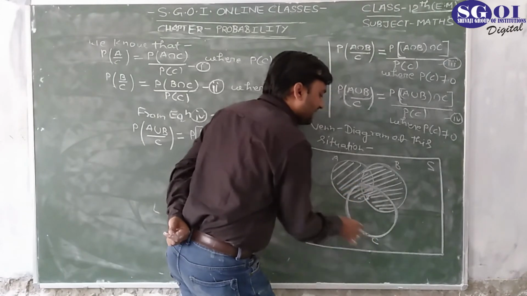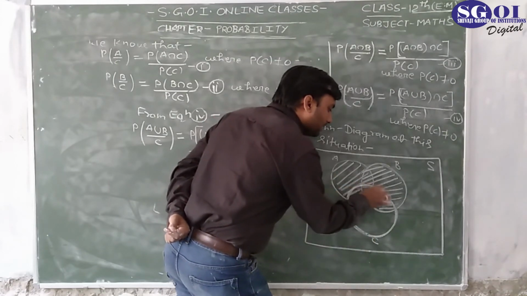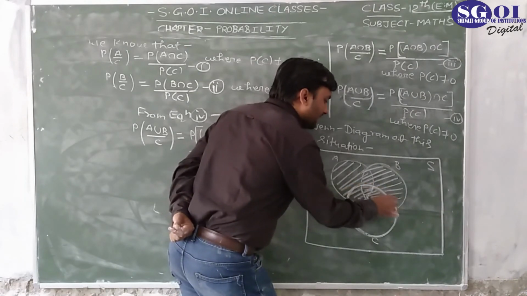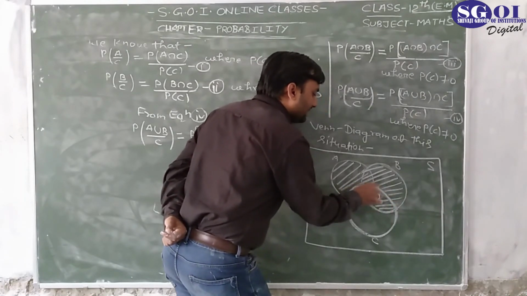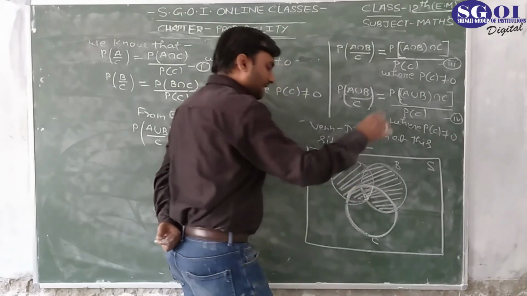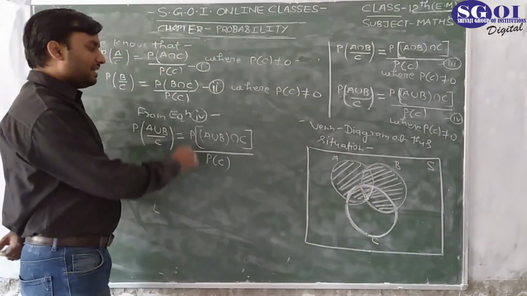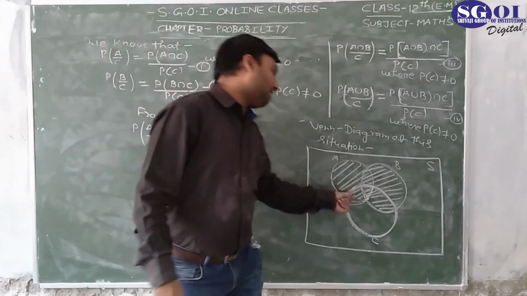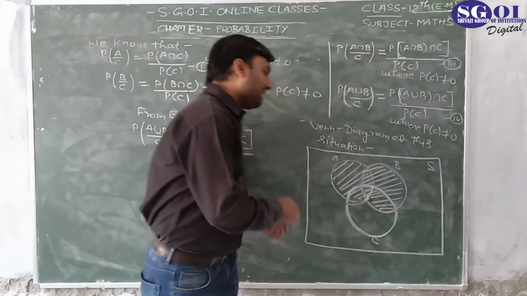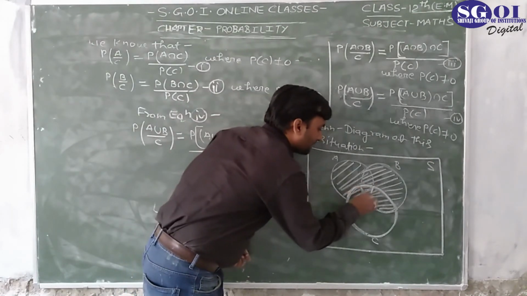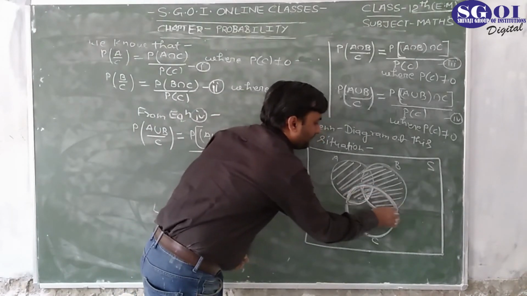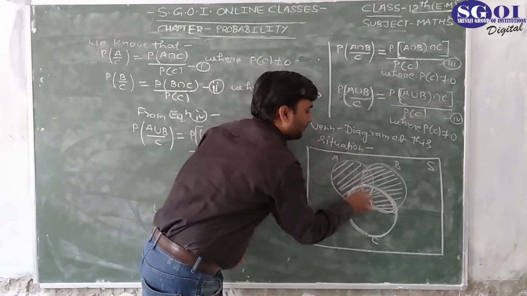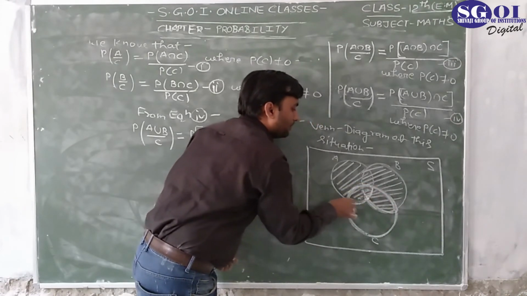So I can easily say that this portion is the portion which is common to A union B and C. Which portion? This portion which I am underlining.